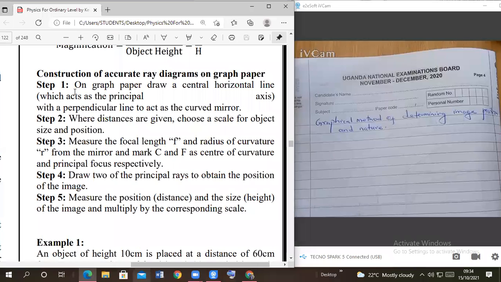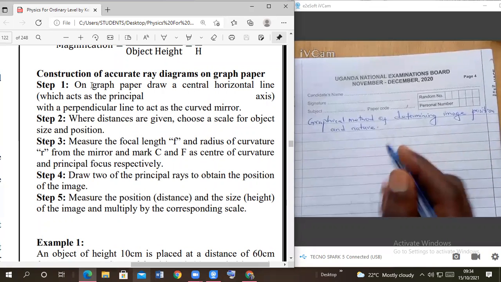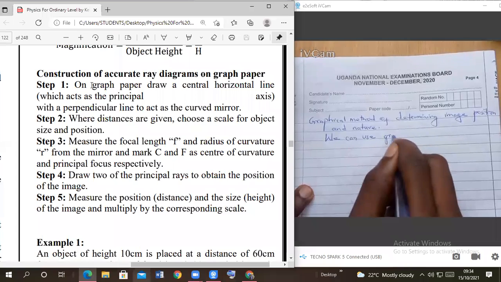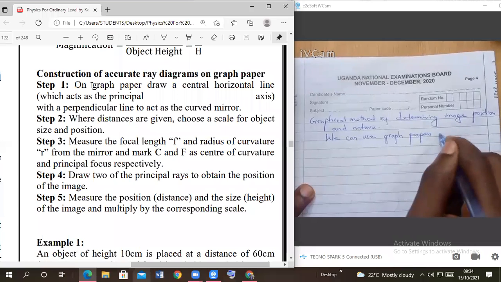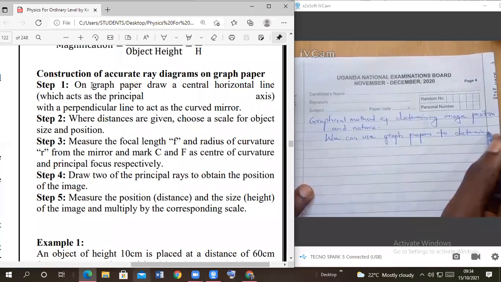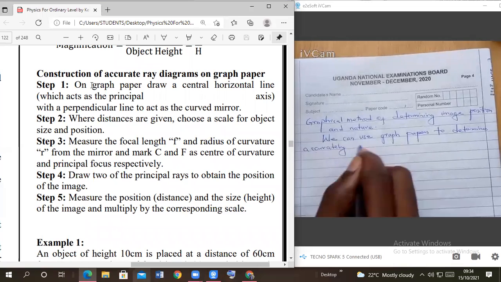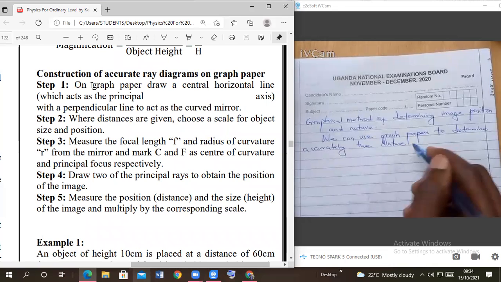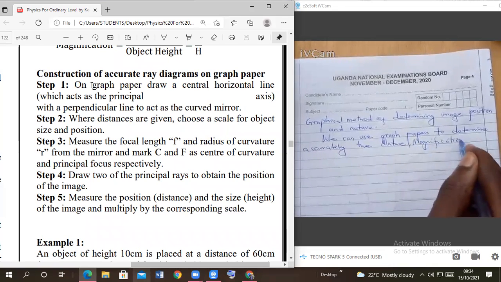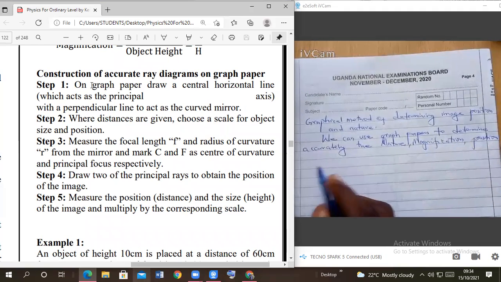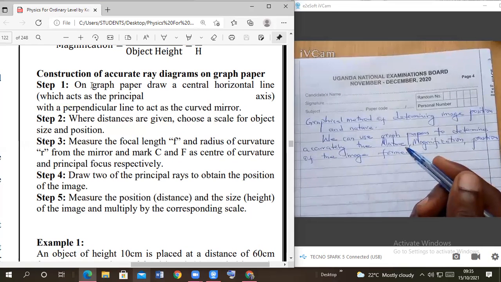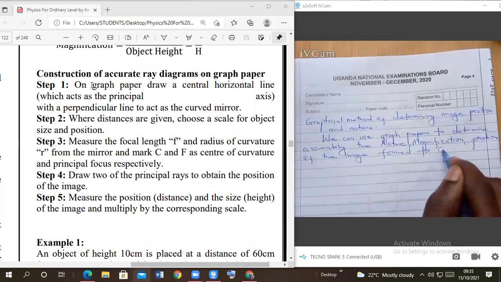So the first step is, maybe before we look, let's write this statement down. You said we can use graph papers to determine accurately the nature, magnifications, and positions of the image formed for curved mirrors.